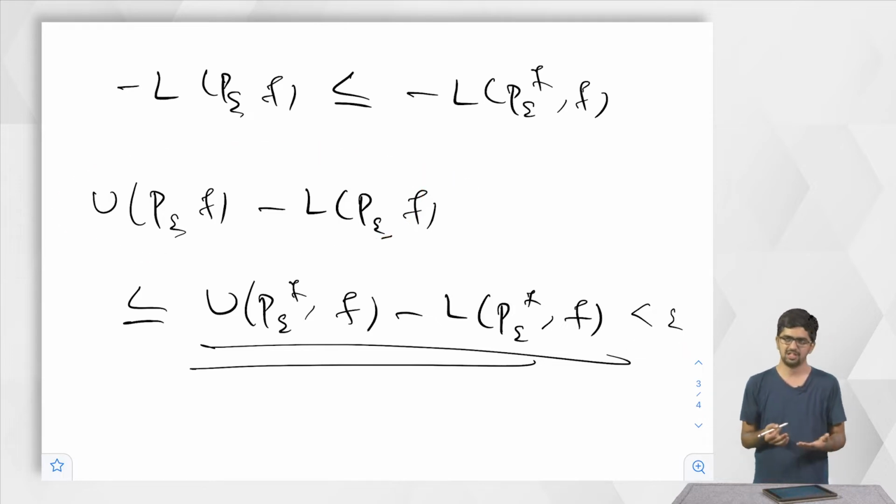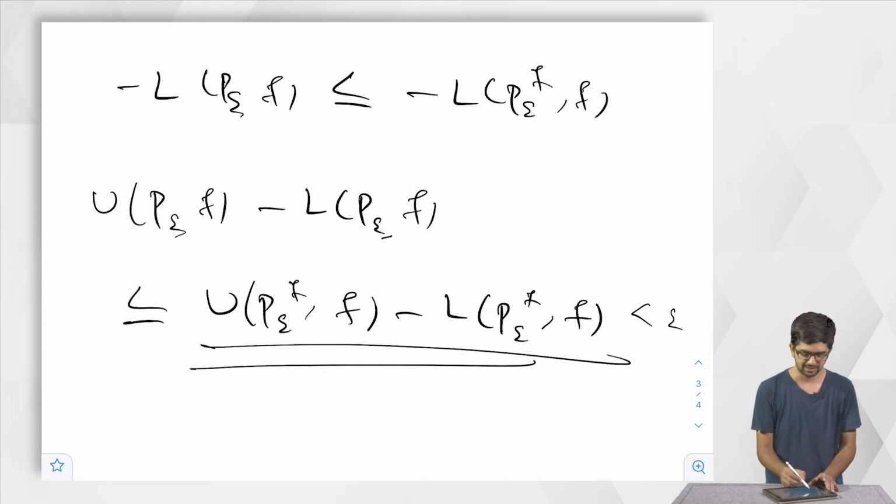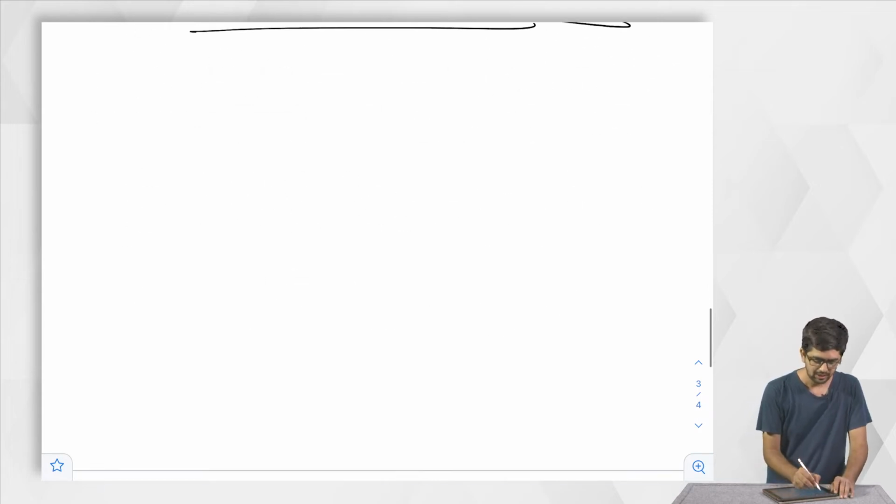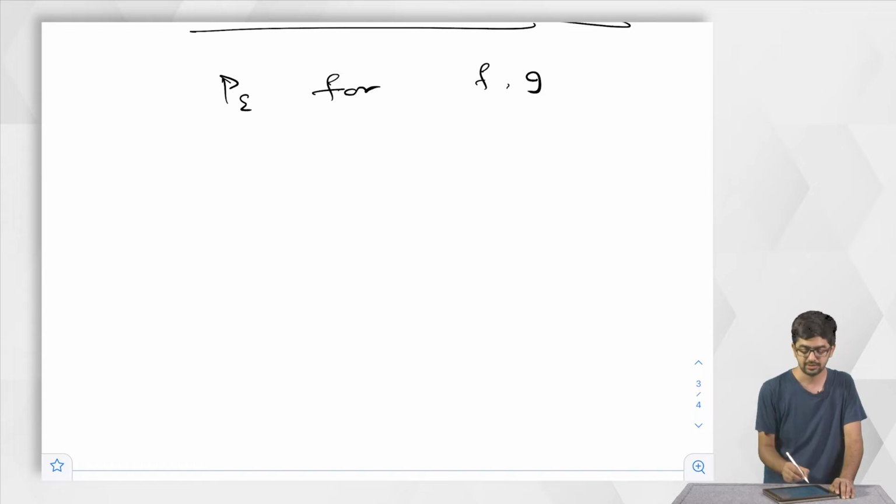So as I said, if it is not special here, one can do the same thing by replacing f by g. So now what we have is f and g are integrable. So there is a common partition P_ε for both f and g in the following sense.